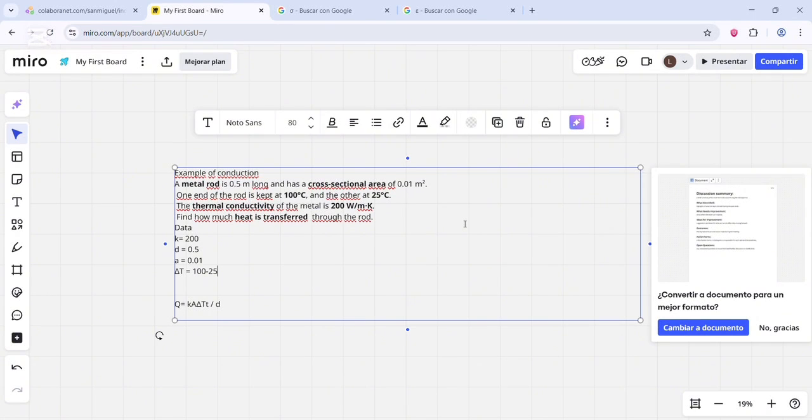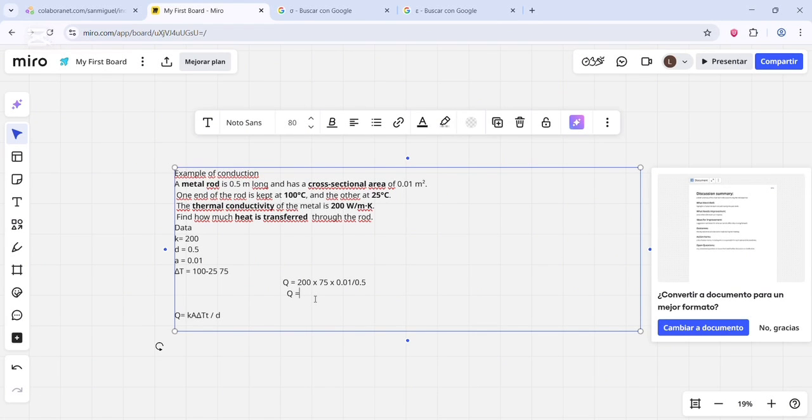So, first, we check the data. The thermal conductivity is 200, distance 0.5, area 0.01, and change in temperature should be subtracted because here you have 100 and the other 25, it should be subtracted, which is 75. Now we can place it into the formula.